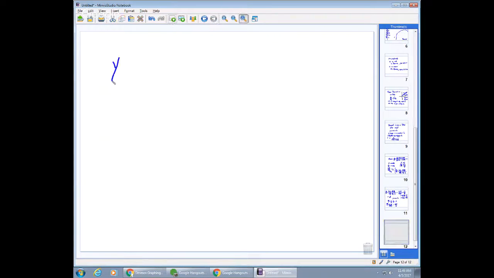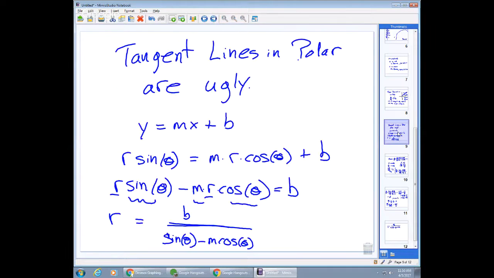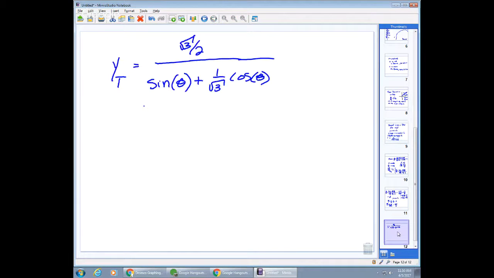So our tangent line, let's call it y sub t for tangent, is going to be equal to b, which is the square root of 3 over 2, divided by, now I forgot, it was sine first, minus m. Now our m is negative, so we can make that a plus, 1 over the square root of 3 times the cosine of theta. I think I got that right. Yeah, sine minus m cosine.